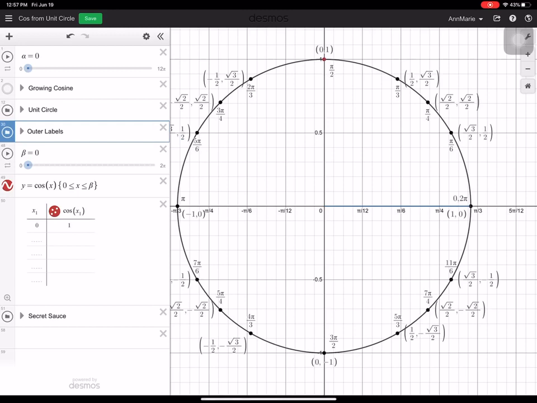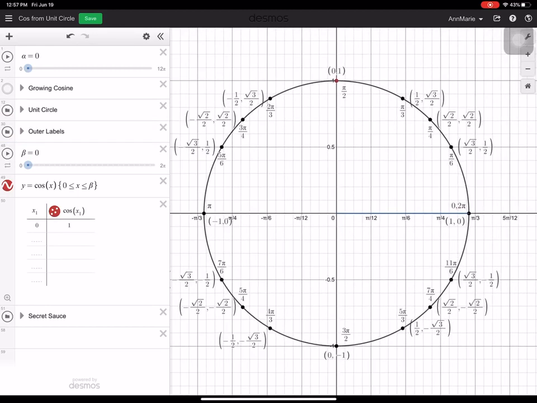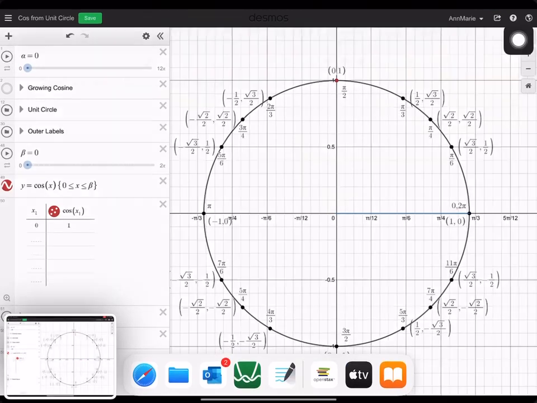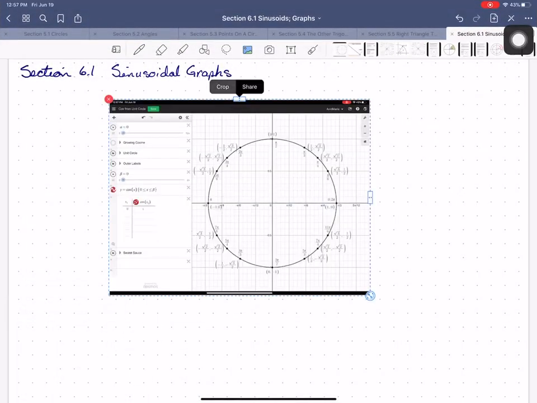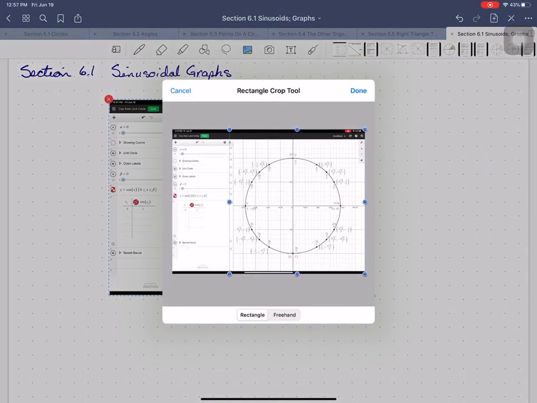And what I have here is our good old friend, the unit circle, and I've labeled all of the points and the sine and the cosine of all of those points. Notice that my x-axis is labeled oddly.